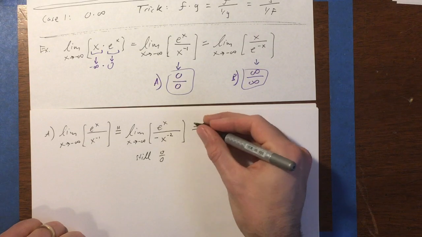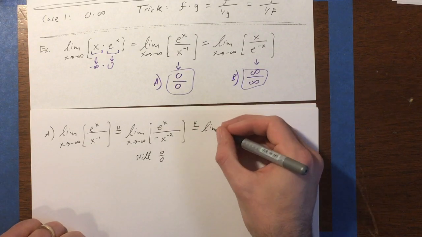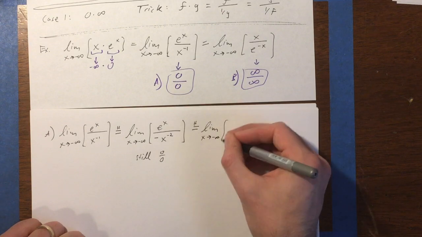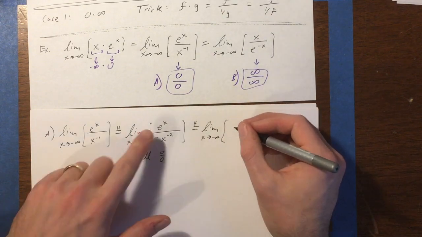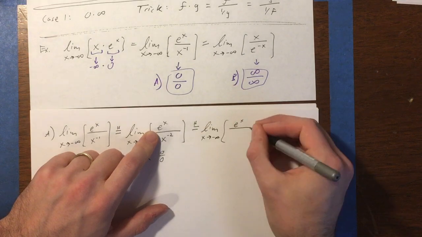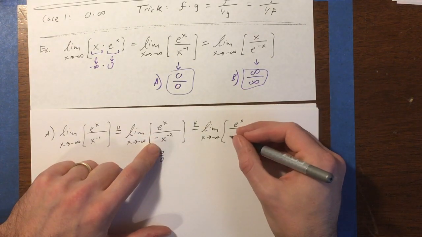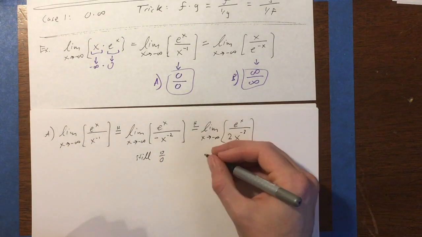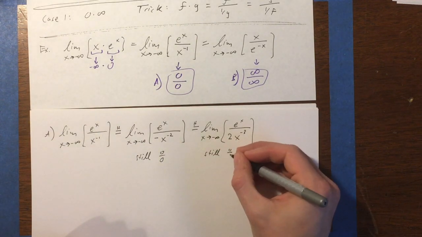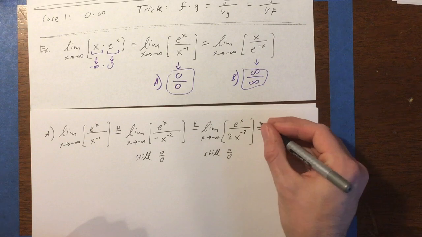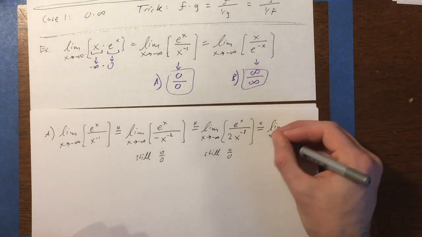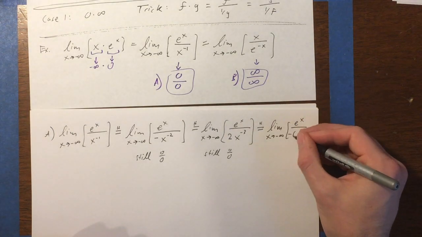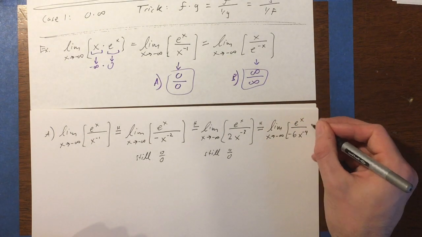So we could apply L'Hopital's rule again. Okay, since it's still an indeterminate form that we can use L'Hopital on, let's use L'Hopital again. The derivative of the numerator is e to the x. The derivative of the denominator is going to be positive 2 x to the power negative 3. That's still 0 over 0. Let's try it again. E to the x over negative 6 x to the negative 4.